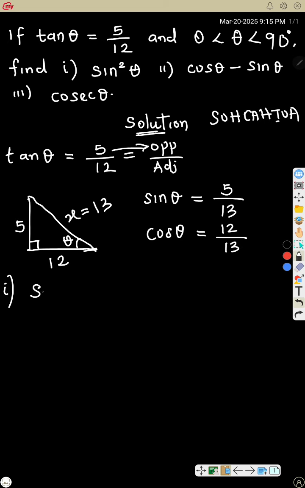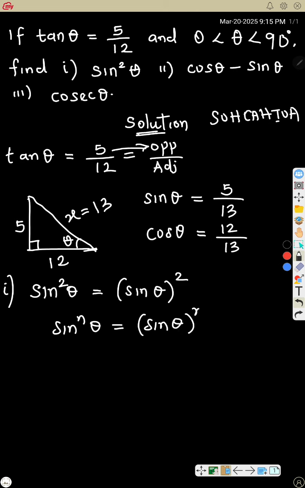So now sine square theta. Sine square theta is the same thing as sine theta all squared. Take notes. I have told you sine to the power n of theta is equal to sine theta raised to power n.